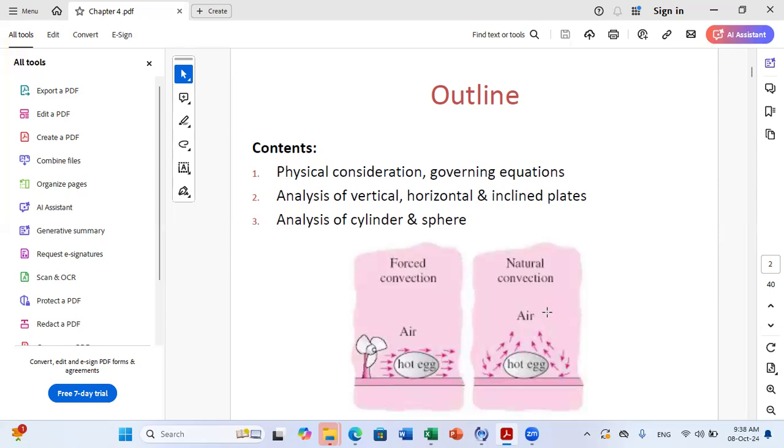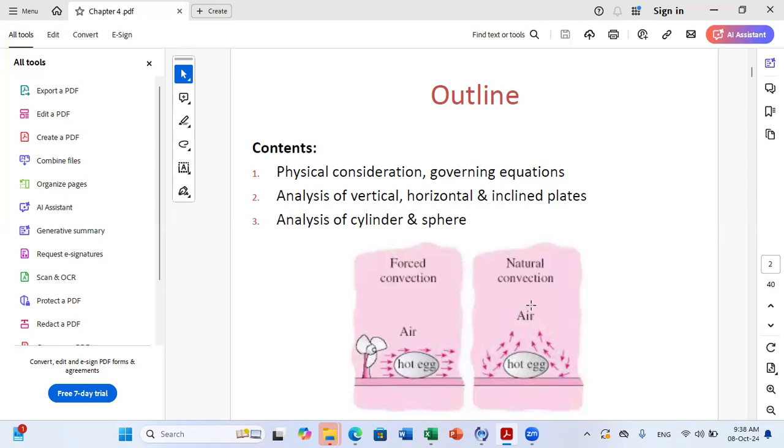So what will happen is that air in the vicinity of the egg will be heated. And you know that as the temperature increases, the density will decrease. So you will have motion of air upward. And this upward motion will create a current of air near the egg, which will transport heat by convection.